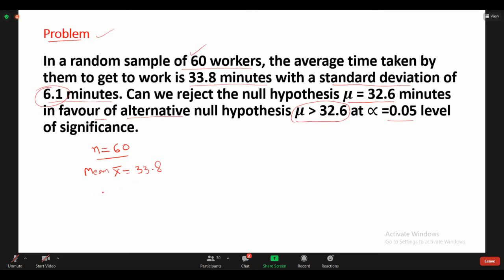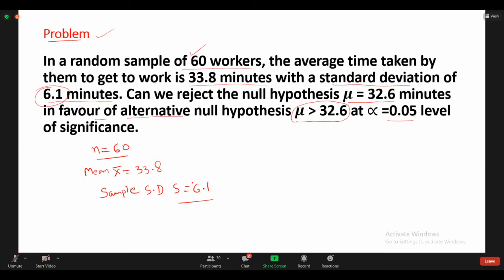Very good, sample standard deviation, denoted by S, that is equal to 6.1. Very good.